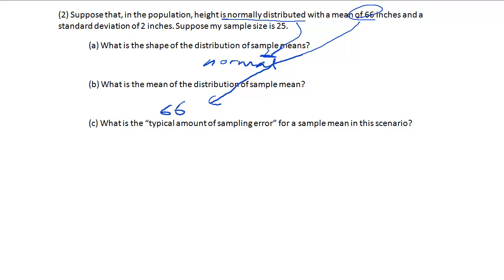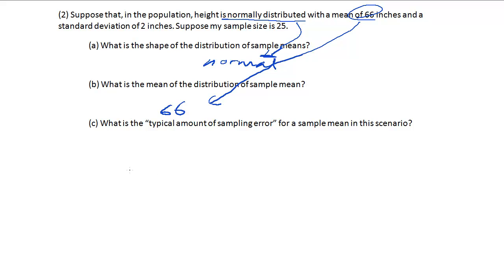In other words, it's the standard deviation of the sample means, the standard deviation among the means of the samples, which is the standard error.